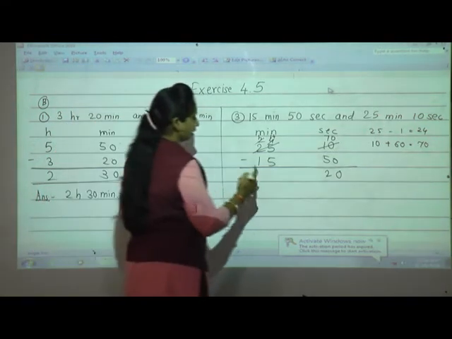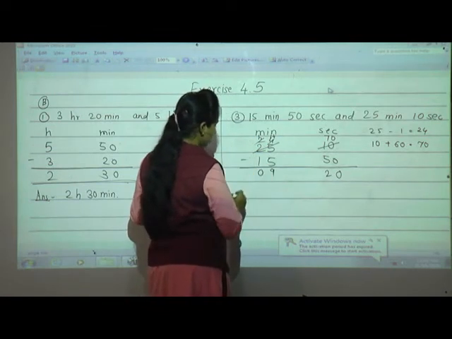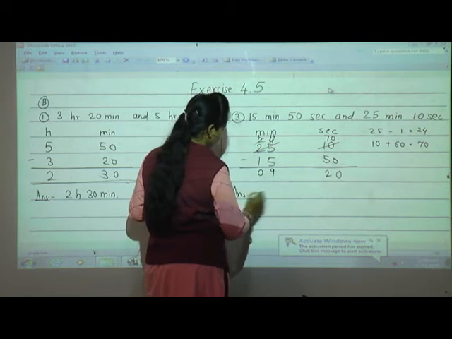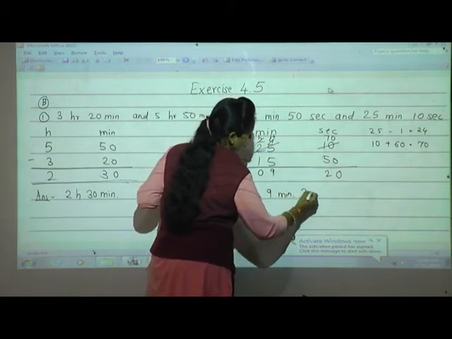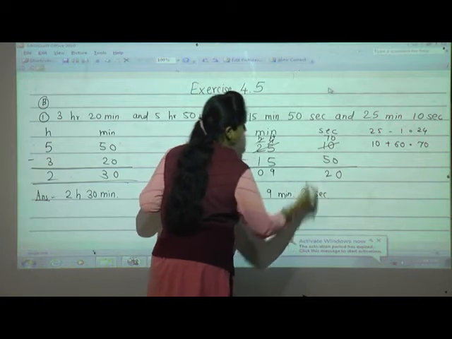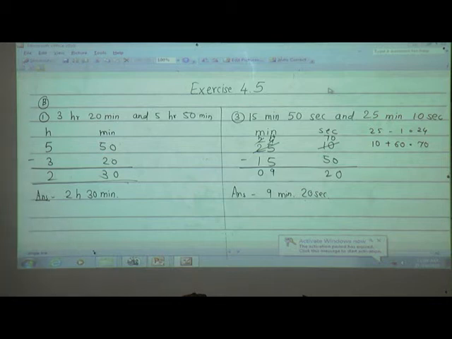How many? 9. And 1 minus 1 is 0. So what is the answer here? 9 minutes 20 seconds. Clear? Yes? Very good. Now next, fifth one I will solve for you.